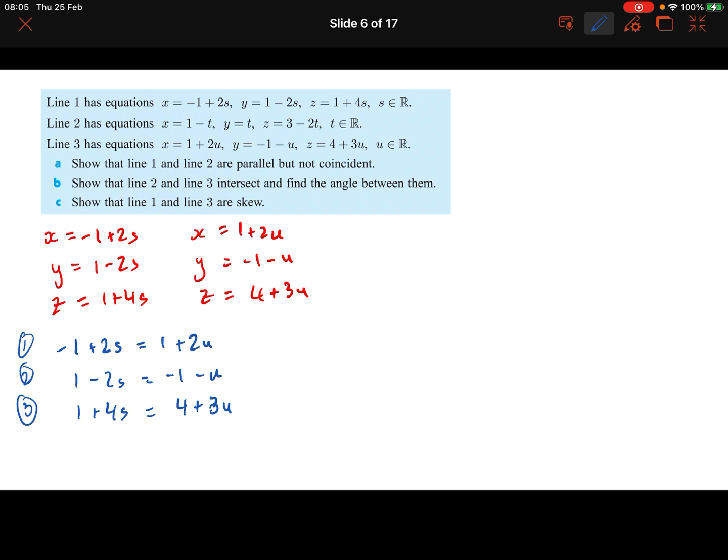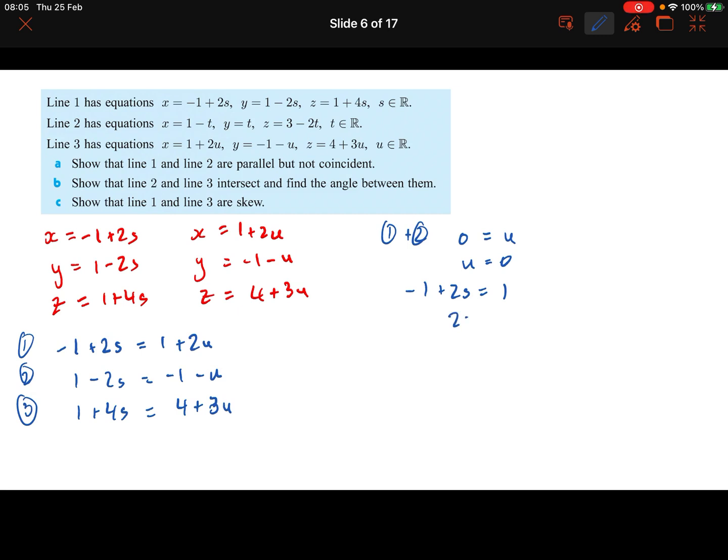Let's solve using equations 1 and 2 by simply adding them. If I do equation 1 plus equation 2, I'll get 0 on the left hand side is equal to, just add them, u, so u is equal to 0. If u is equal to 0, I get -1 plus 2s equals 1, because 2 times 0 is nothing.